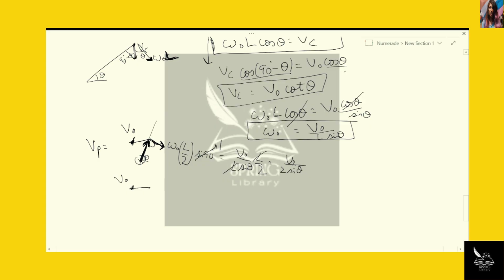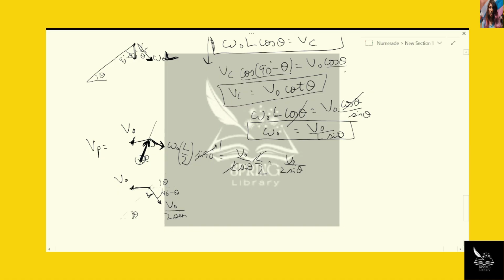V naught in minus i direction, and this is theta, if this is 90, and so then this angle, since this is theta, this will be 90 degrees minus theta, and this velocity is V naught.